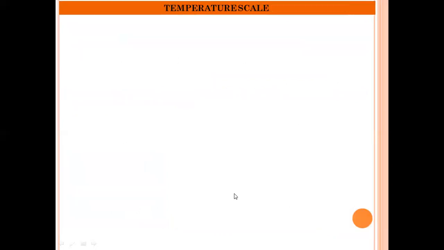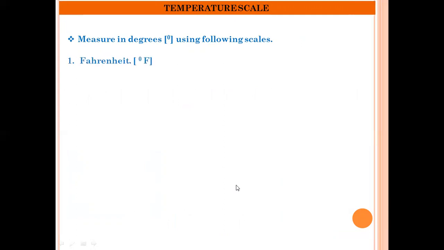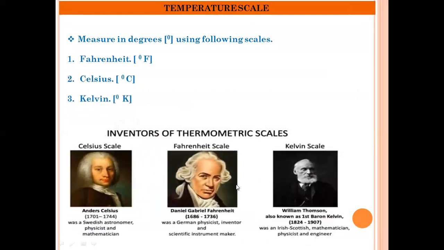Temperature scale. Temperature is measured in terms of degrees by using different scales. There are three different types of scale: Fahrenheit scale, Celsius scale and Kelvin scale. And these are the faces behind the invention of these three scales.